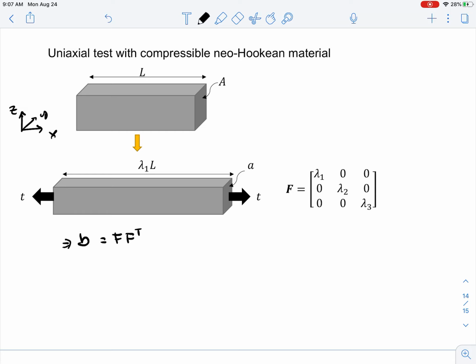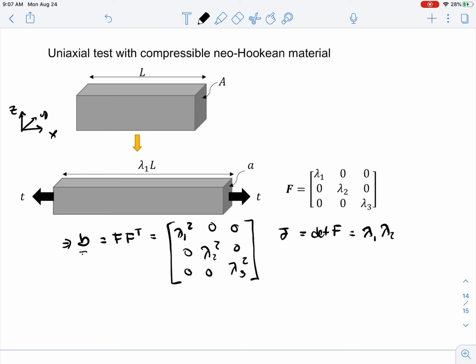The B matrix, which is just F times F transpose, is going to be lambda 1 squared, lambda 2 squared, and lambda 3 squared, and then zeros in the other entries. So this is what I was saying, that this B matrix is nonlinear because it will have these quadratic terms for the deformation, so quadratic stretches. And then the Jacobian is just the determinant of F.